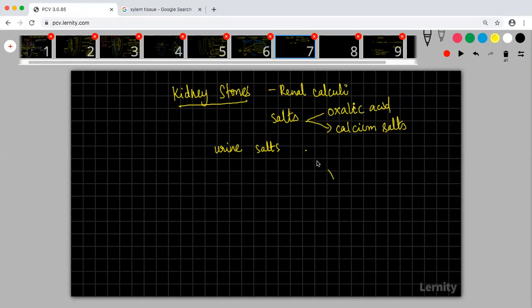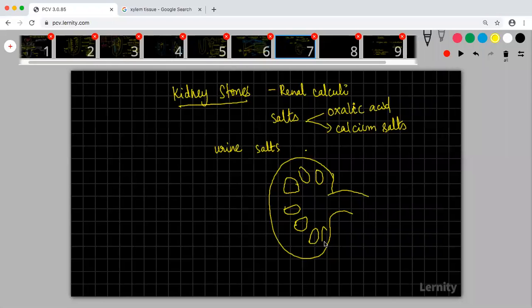So let us say that this is the kidney. In your renal tubules and all, it can form small things. Usually your kidney will be like this, and it will all join together like this.